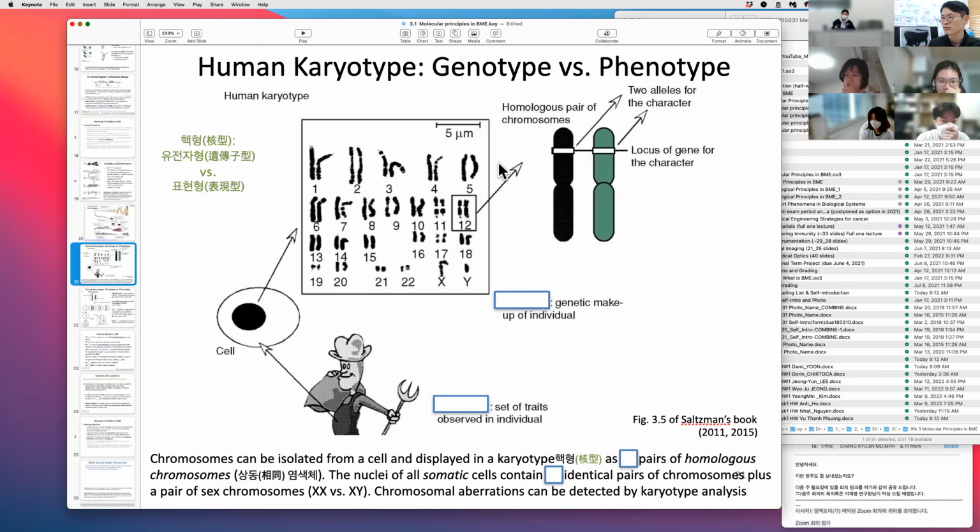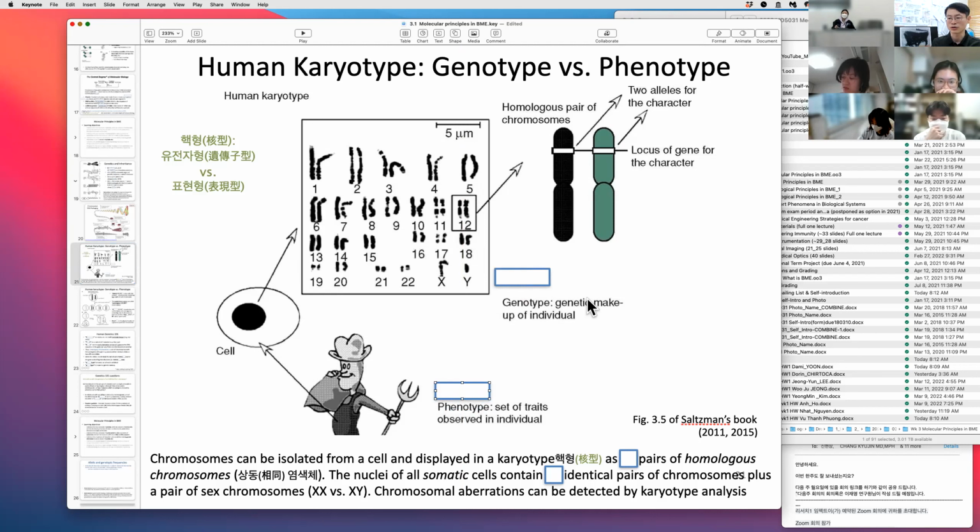Okay, so we see from here, now the outcome of this we call a phenotype, but that phenotype must come from a genotype. Okay, so that genotype we call the genetic makeup of an individual, and the traits which are visible from the outside, observed in an individual, we call phenotype.